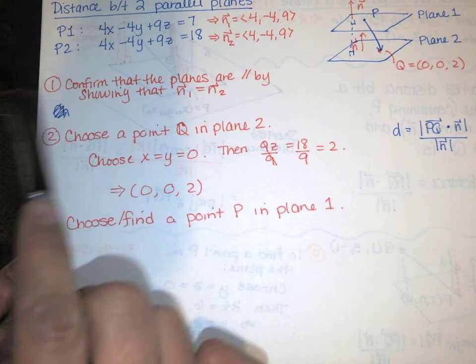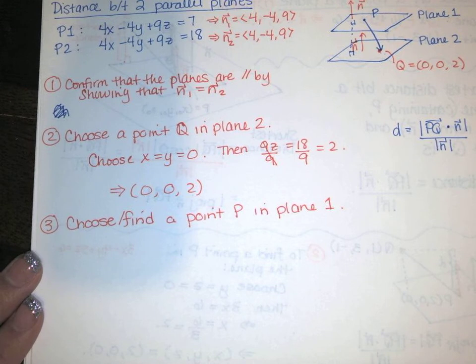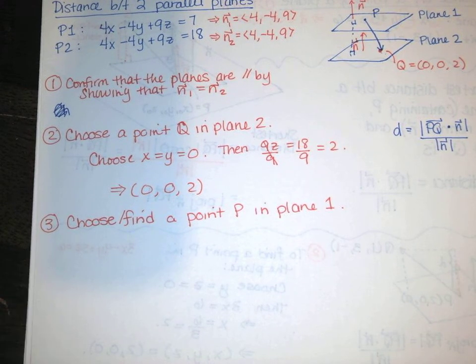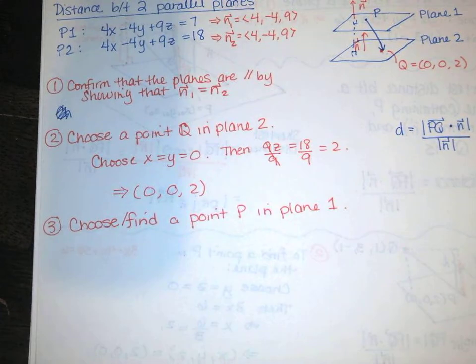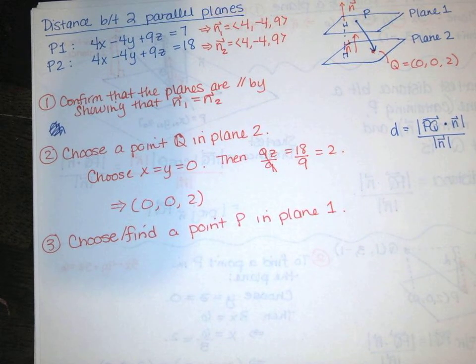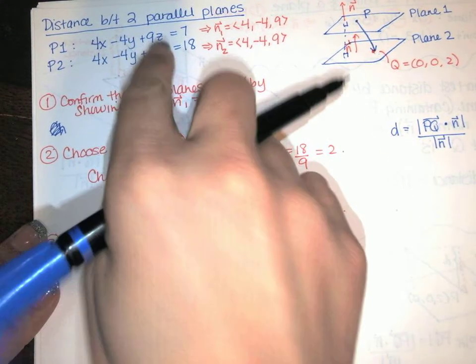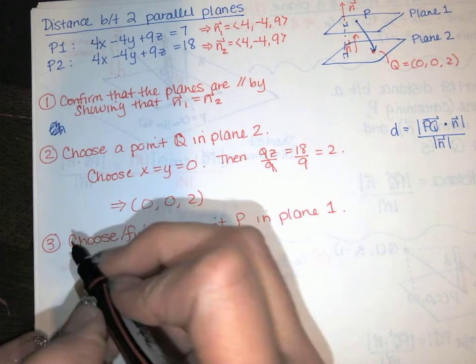You can use any x's, y's, and z's that you want. Even though I'm not really in love with the idea of having a bunch of fourths fractions here, I'm just going to go with it. I'm just going to let y and z equal 0.